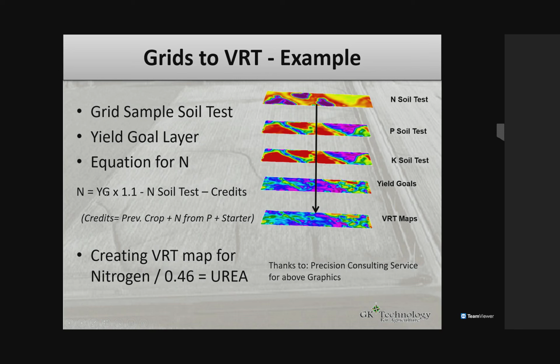But if we were shooting for a 200 bushel yield goal times 1.1, that would be 220 pounds minus whatever that soil test was at that pixel, minus any other credits. Again, that thing about in-season or starters or any other things that might be coming off of there, subtracting that off. And then that would give me my nitrogen map. Then we divide that nitrogen map by 0.46 and we'd get our urea fertility map.